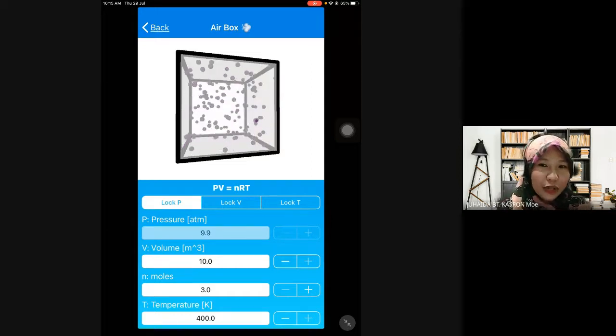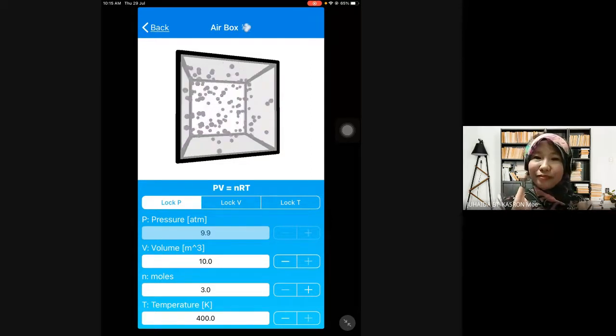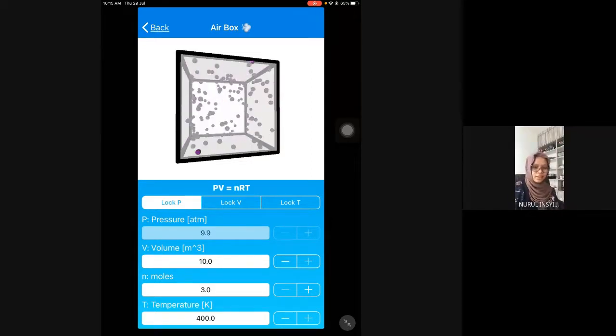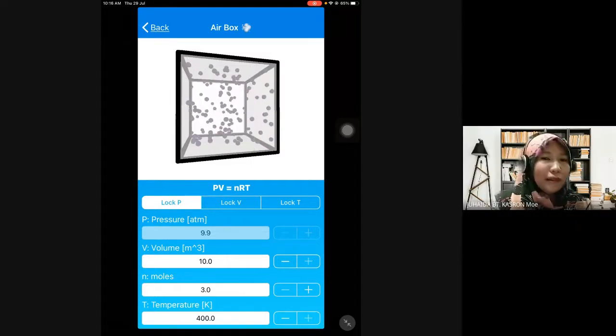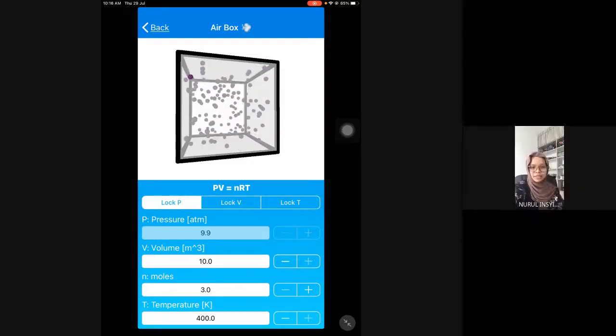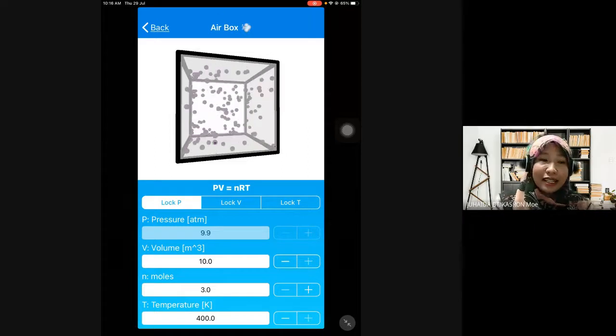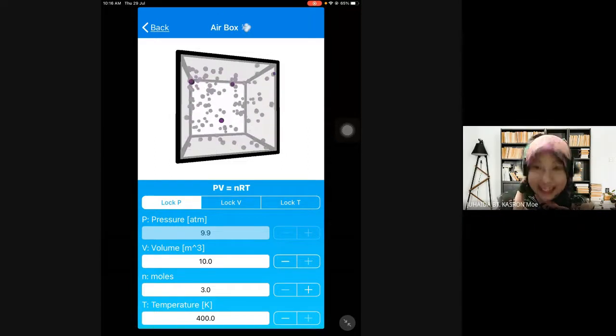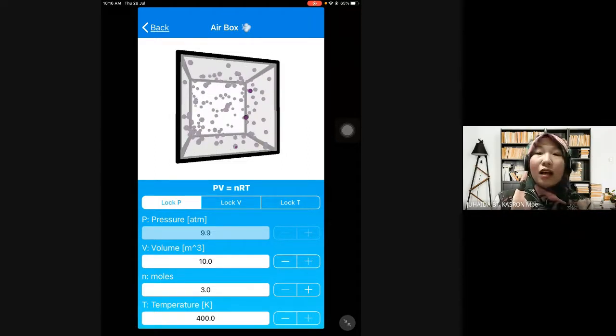Can you repeat it? The further the particles are from each other, the greater the volume.